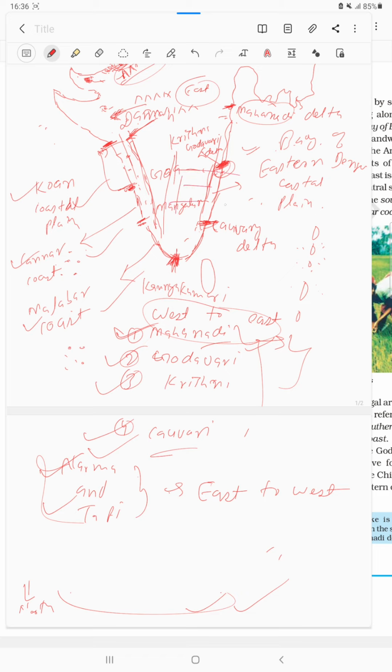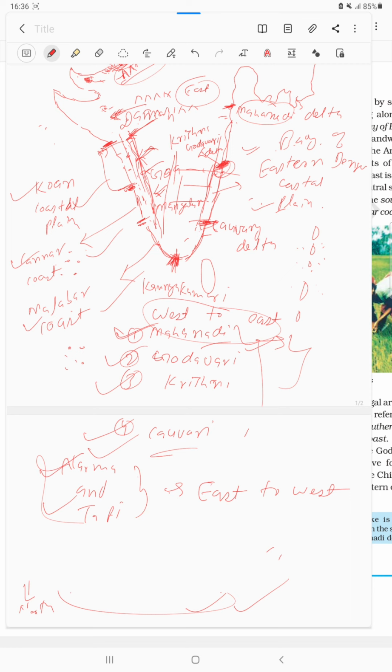That's why many of the rivers flow to the eastern side, and then into the Bay of Bengal. Clear? And here in the western plain is the Western Ghat, an elevated mountain. That's why so many rivers do not flow in this side. It is also a barrier for rivers flowing in this side. Clear?